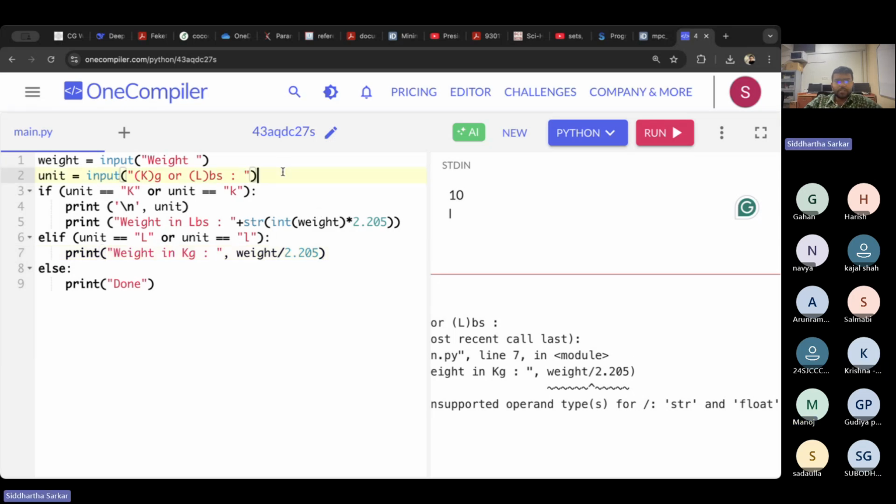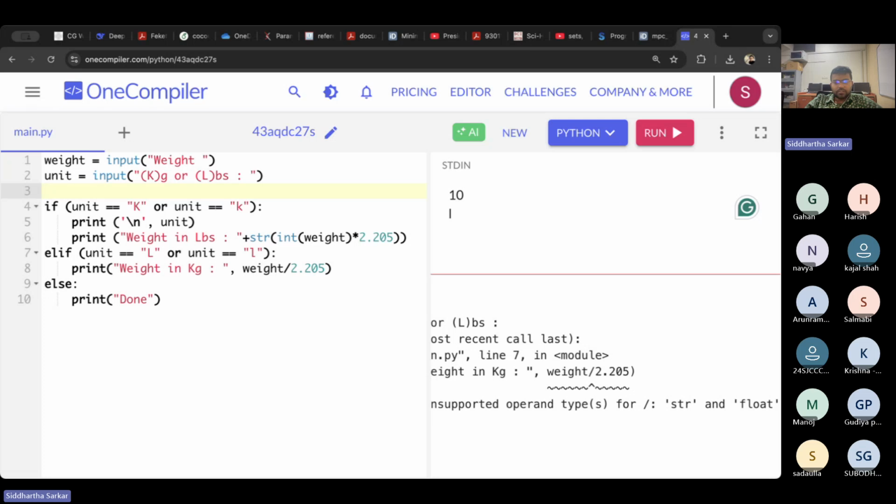Why don't you keep a variable which is the conversion factor and put 2.205 there, and you do it this way so that there is no mismatch issue.